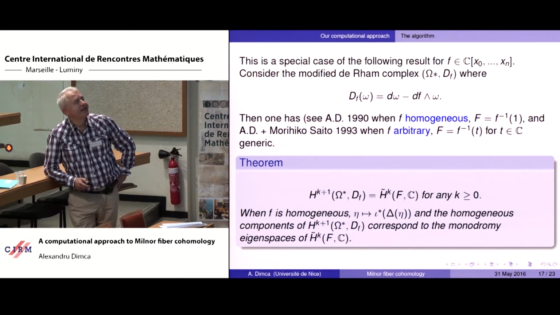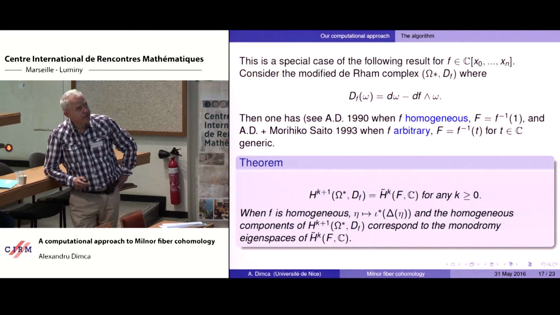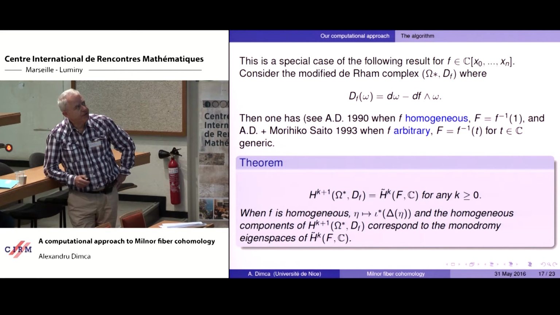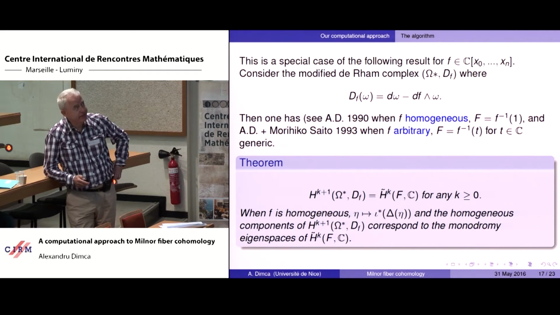And this says that we have such an identification between the monodromy of F and the cohomology of this complex. And what is important is that when f is homogeneous, under this correspondence, the homogeneous components here correspond to monodromy eigenspaces here, exactly as in the case of smooth curves treated by Griffiths and Steenbrink.